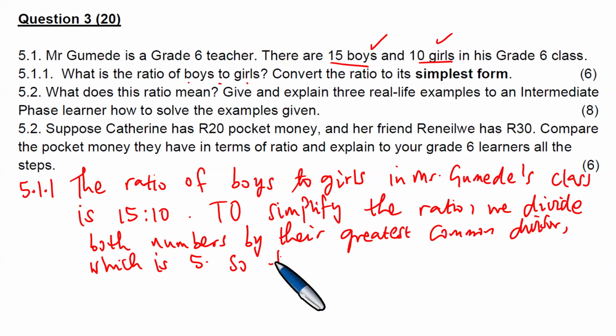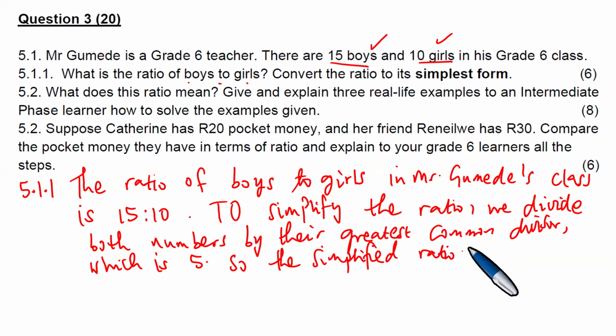So the simplified ratio becomes, if you divide 15 by 5, you get 3. If you divide 10 by 5, you get what? You get a 2, and therefore this is the case.